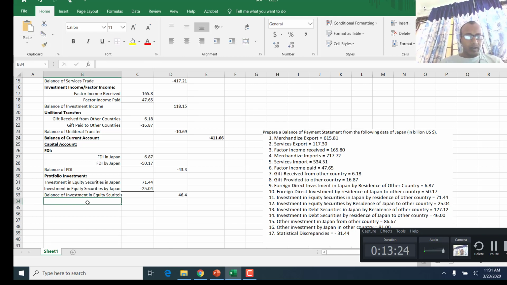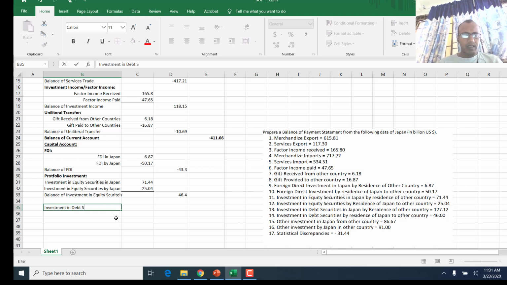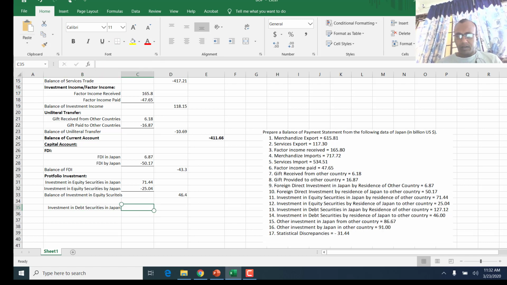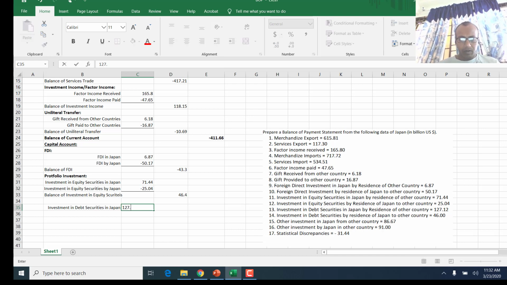Okay, so in the portfolio investment we have, secondly, investment in debt securities. Investment in debt securities in Japan by the residents of other countries should be added here. That is 127.12.